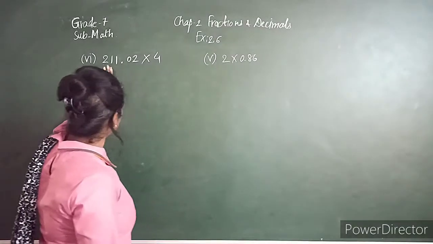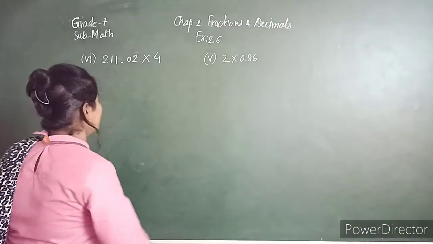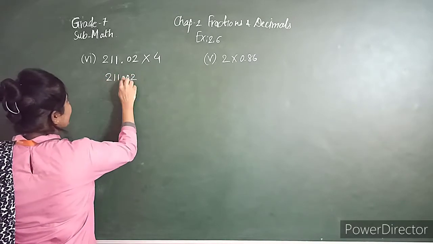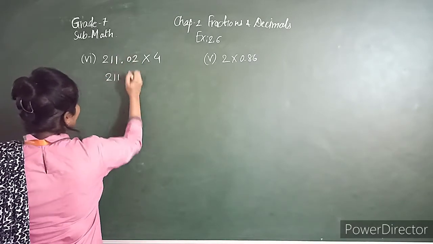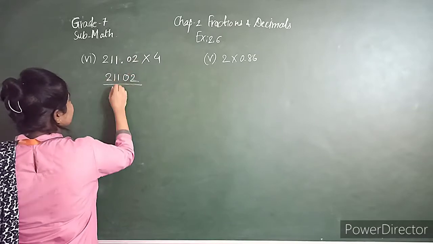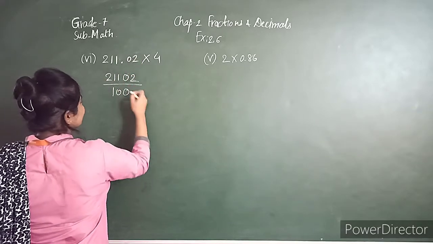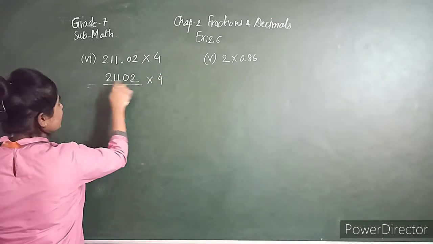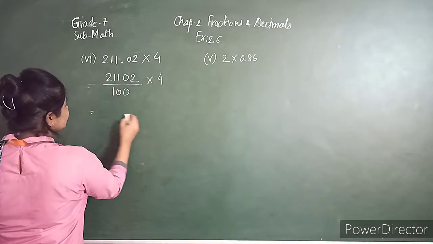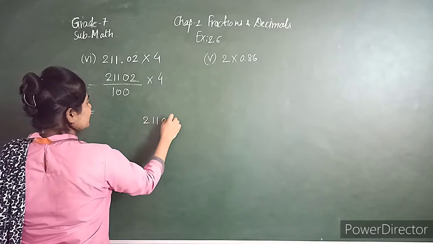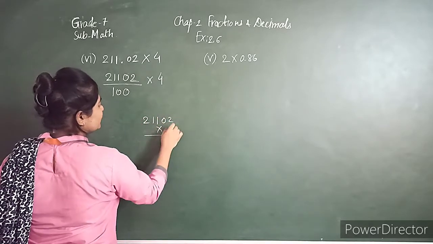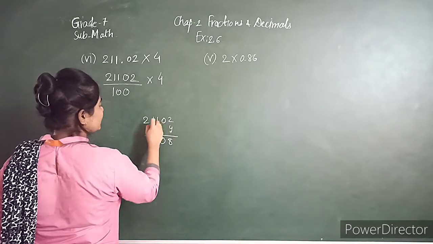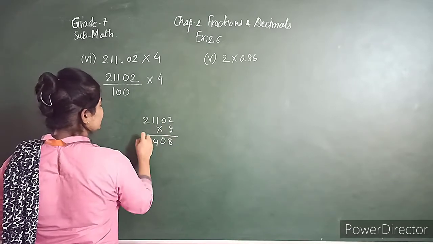Now fourth number, 211.02 into 4. Here the point is before two numbers, so if we remove the point, we have to put 100 in the denominator into 4. Now multiply this number with 4: 4 2s are 8, 4 0s are 0, 4 1s are 4, 4 1s are 4 and 4 2s are 8.